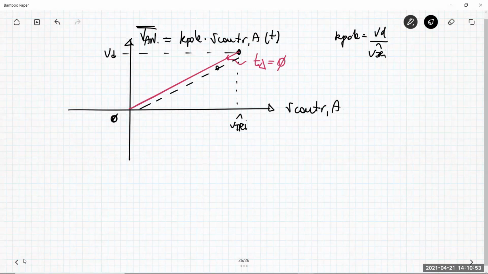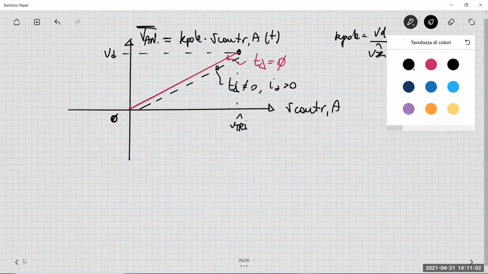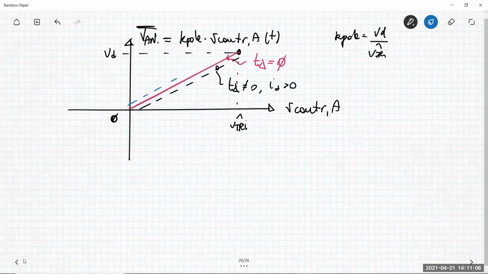This comes for T delta different from 0 and IA positive. While if you have a negative current, V epsilon is negative, so it is above the ideal situation. T delta different from 0 and IA negative. The difference here is exactly V epsilon.